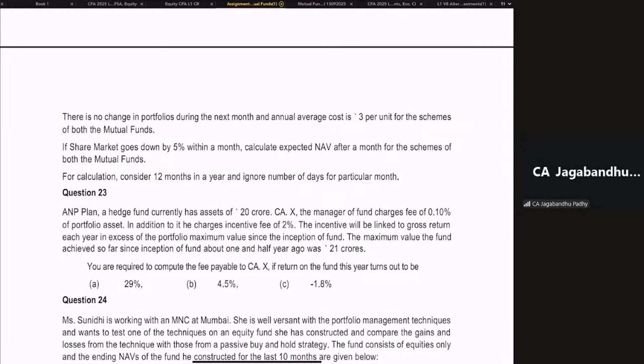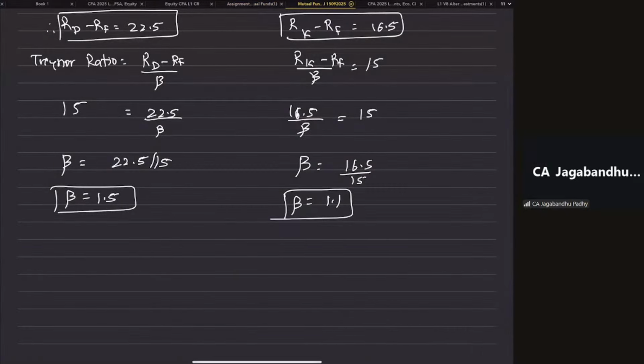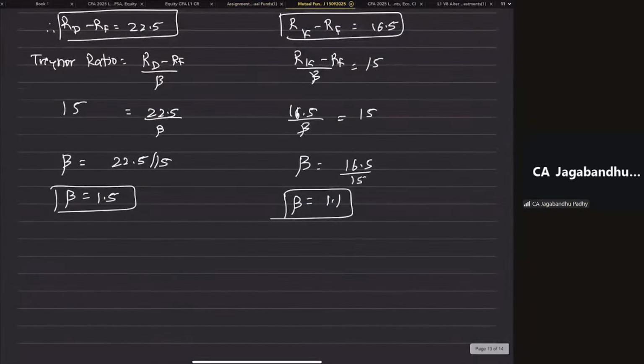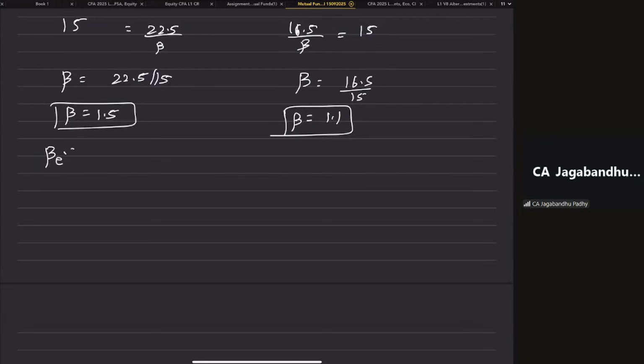Now, here beta is 1.5, but remember, this beta is actually the combined effect of both the things: beta of equity into weight of equity plus beta of cash into weight of cash. That combined effect is 1.5.